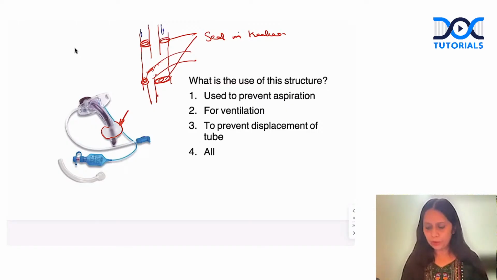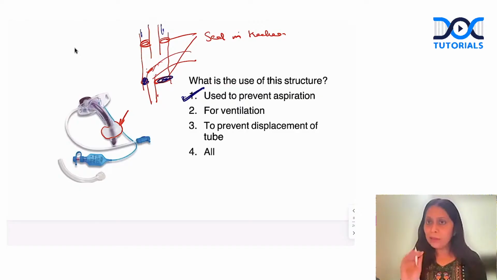So let's see the options. Used to prevent aspiration, or for ventilation. The cuff creates a seal which is necessary for ventilation, but the cuff is not something with which we ventilate. So the better answer would be used to prevent aspiration.